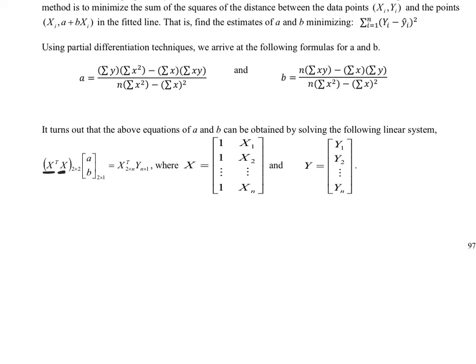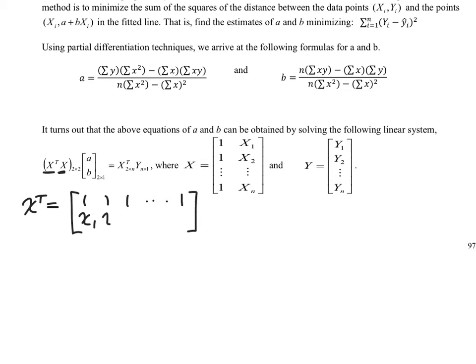All right, so I have x, which is defined as the column of all ones, and then the column x1, x2, all the way to x of n. I want the transpose of that. So column 1 becomes row 1. So 1, 1, 1, skip a bunch, end with a 1.